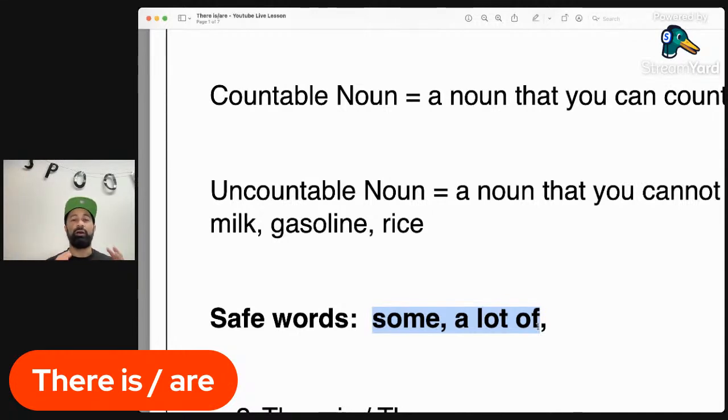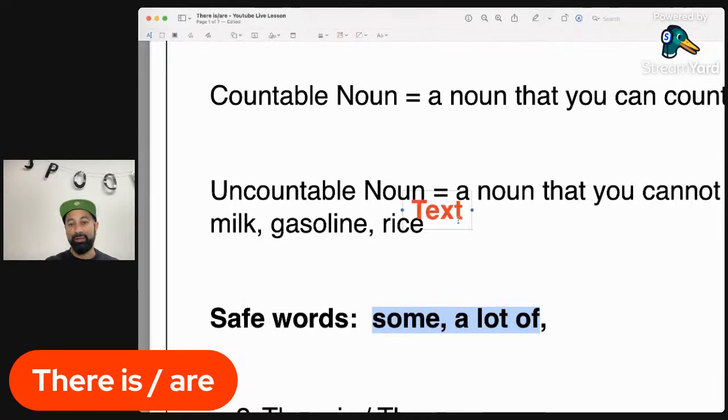They are okay to use with both of these types of nouns. So if you're confused, what can I use with a countable or uncountable noun? Some and a lot of are very, very safe, because some other words are not so safe.